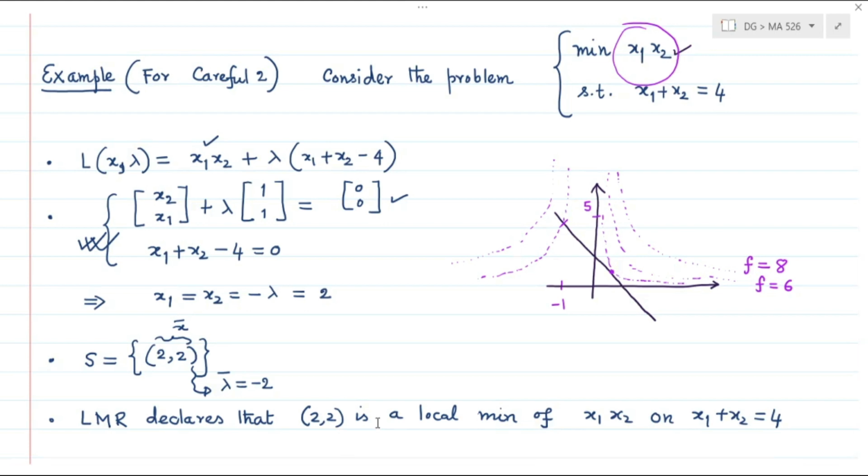Here let me repeat once again the Lagrange's multiplier rule, the rule that we have learned in our advanced calculus course, calculus for functions of several variables. Typically in IIT BHU we learned this in the first year Mathematics 1 course.